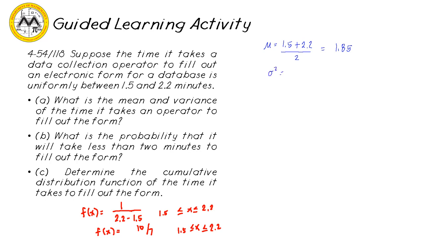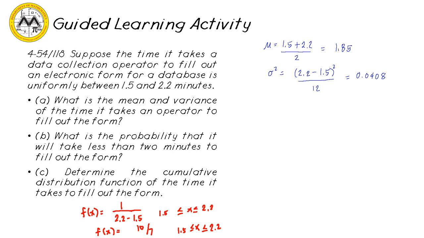For variance, it would be 2.2 minus 1.5 squared over 12. So b minus a squared over 12. So that's 0.0408.